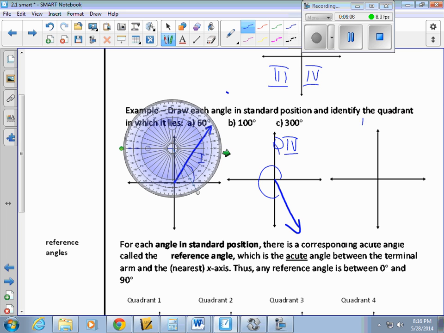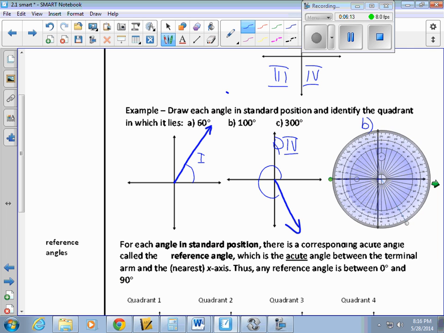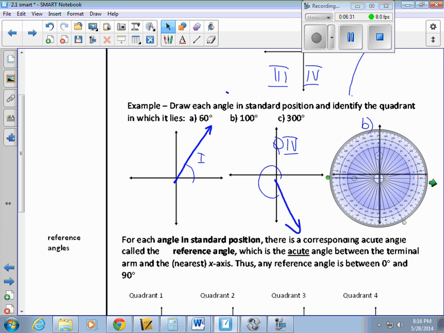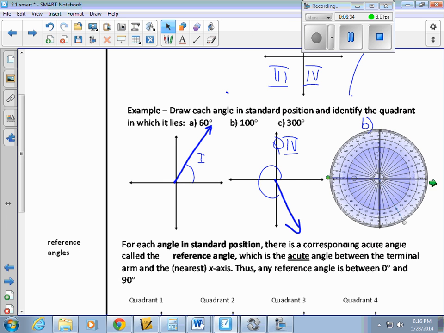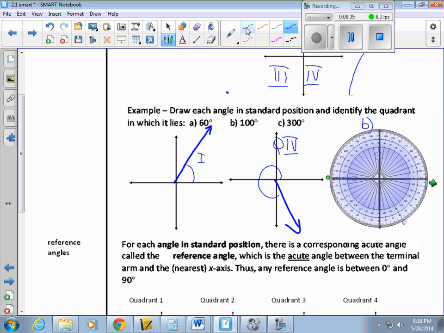B should be 100 degrees, so we'll do B here. 100 degrees, knowing that this is 90. If I take and line that up. 90 degrees is up here.